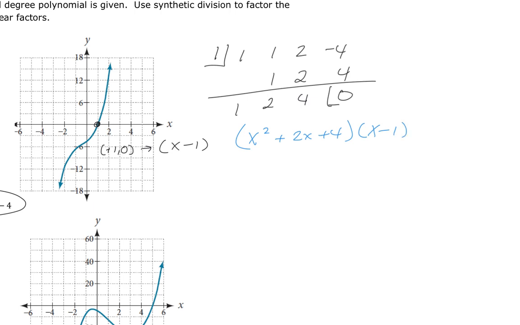This is not completely factored, right? Because this is not a linear factor. This is a quadratic, so I'm going to have to use the quadratic formula. I have negative b, which is -2, plus or minus the square root of b squared, which is 2 squared, minus 4 times a, which is 1, times c, which is 4, all divided by 2 multiplied by a.